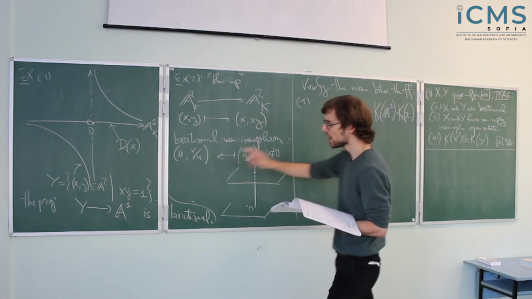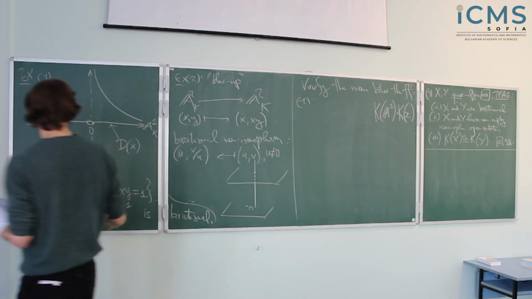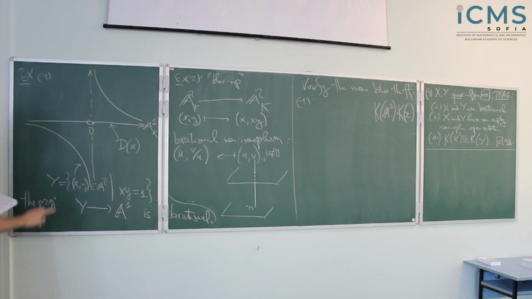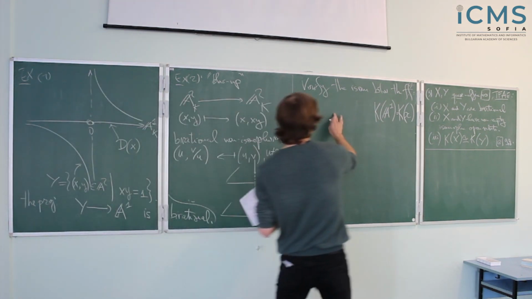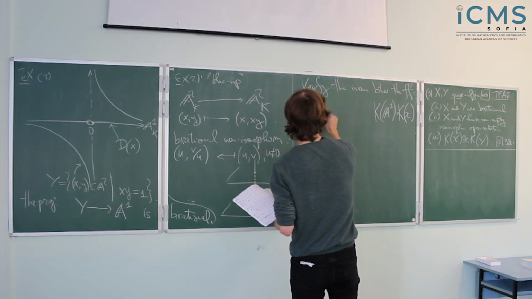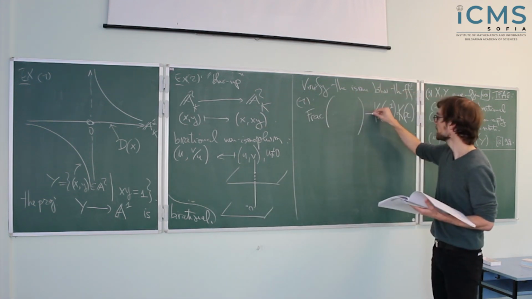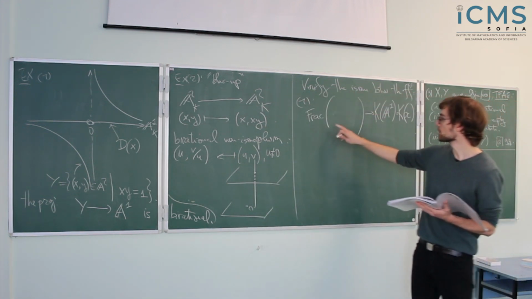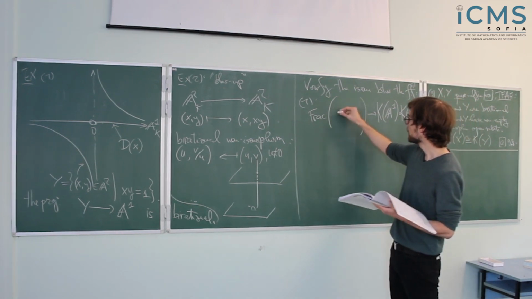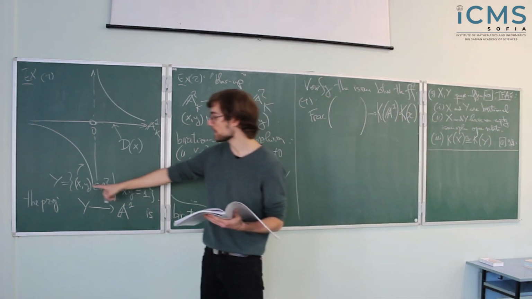Now, on the other hand, this variety here is inside A2. So we know that it's going to be a fraction field of something. Then it will be related, I guess. So what's inside of here? Here we have the coordinate ring of y.